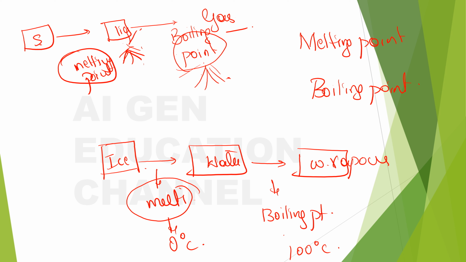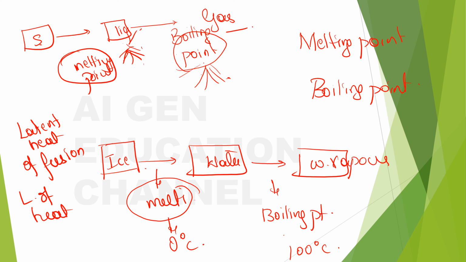Okay, and there are also some other things like latent heat of fusion and latent heat of vaporization. These are the terms associated with this melting point and boiling point, right? It is a number, a heat energy per unit mass, right?